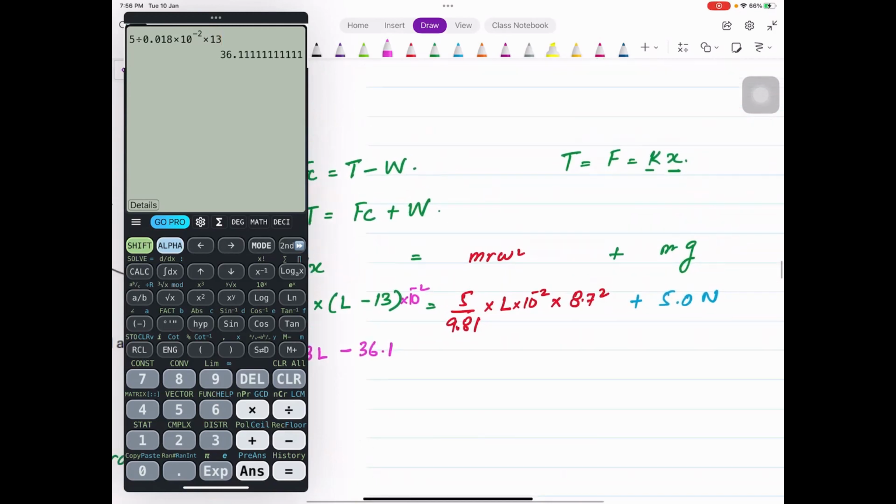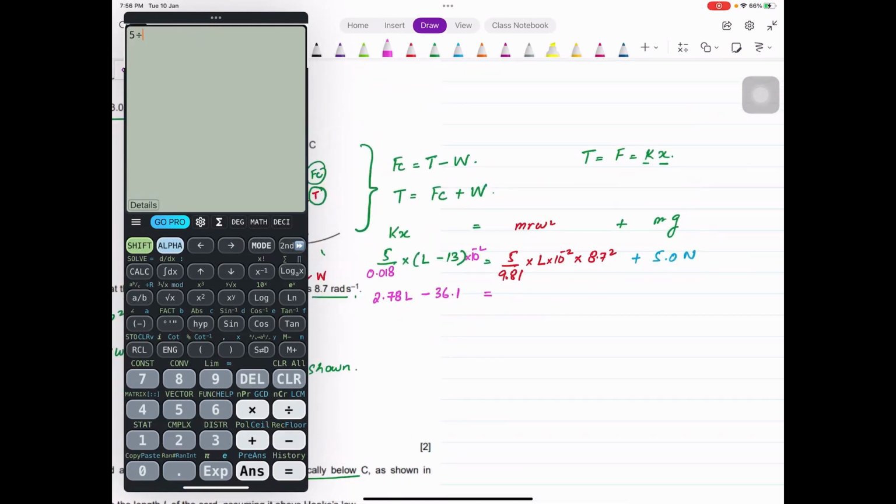Now let's do this. Now on this side, it is 5 divided by 9.81 times 10 raised to power minus 2 times 8.7 squared. So this is 0.386 L plus 5, right? Is that clear? Now let's move things here and there. So 2.78 L minus 0.386 L equals 5 plus 36.1, right?